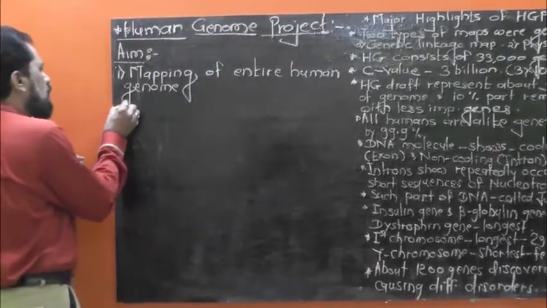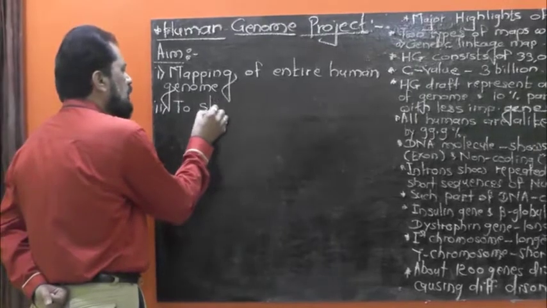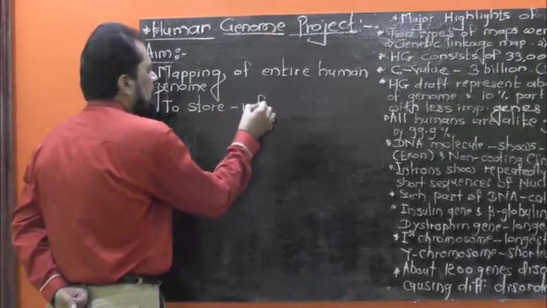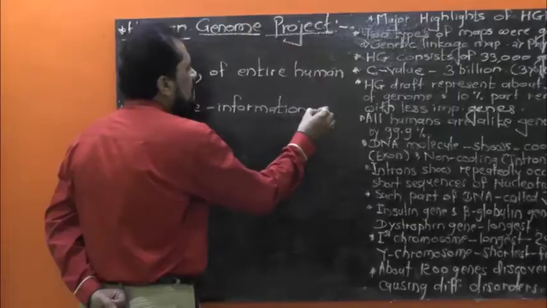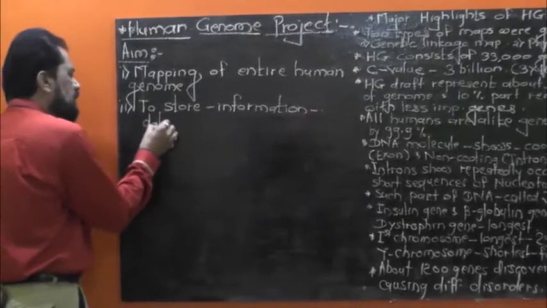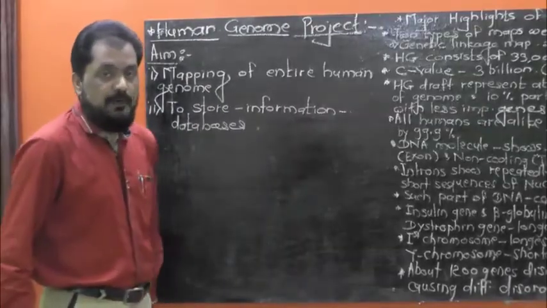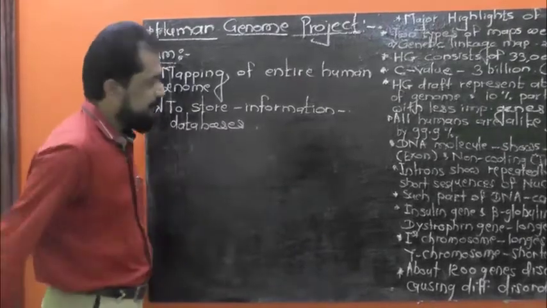Second aim, to store this entire information obtained from the Human Genome Project in the form of databases, which is necessary for its further use as well as for its further analysis.